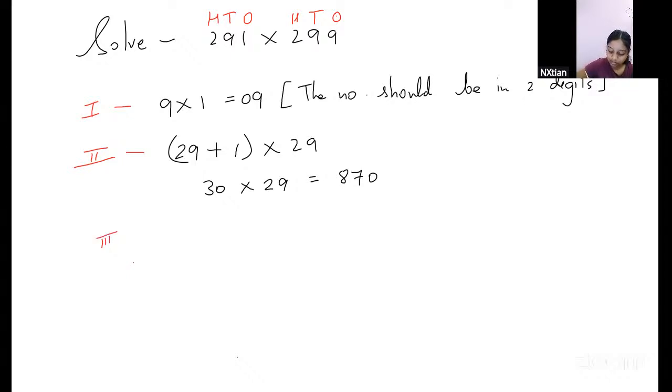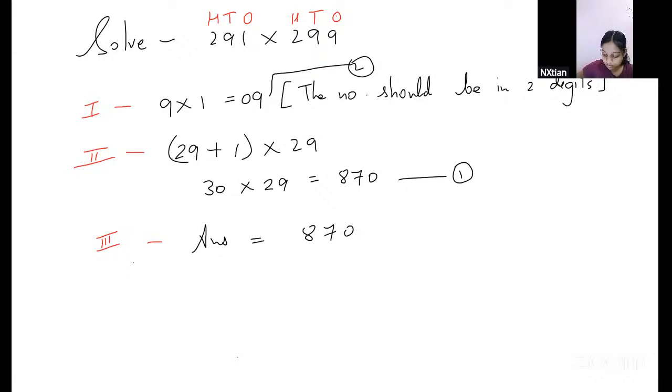Now we will put them together. This is the first, and this is the second. Answer equals 87009. Understood, all of you?